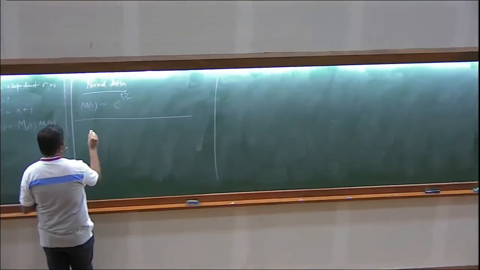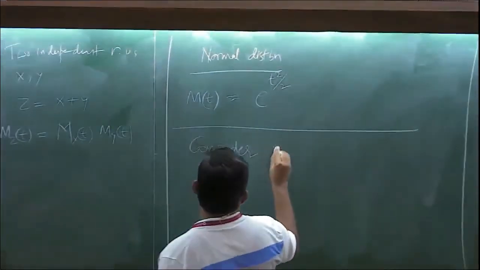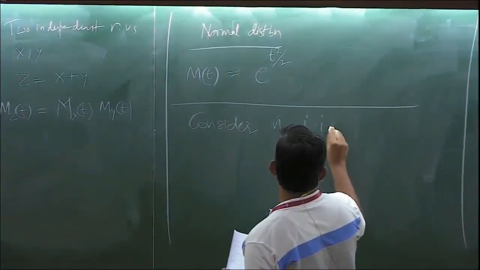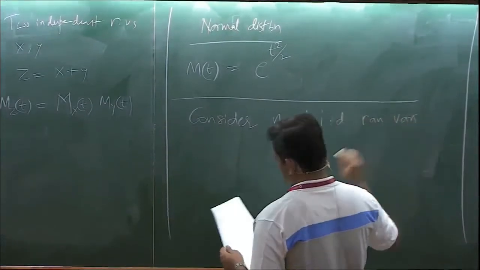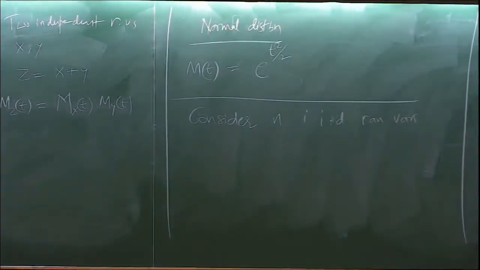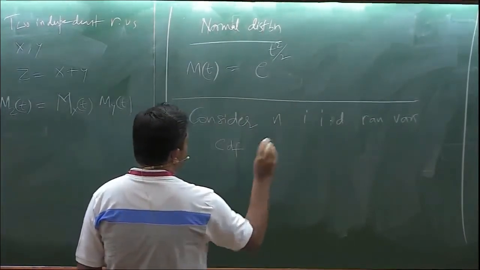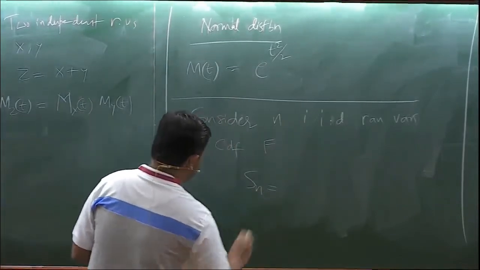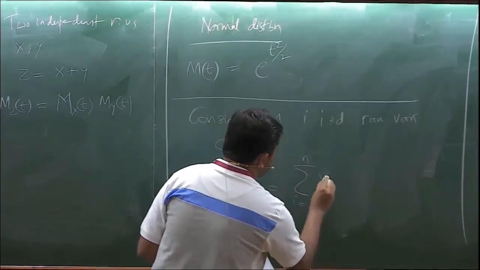So if you have n IIDs, independent, identically distributed random variables, and they have some cumulative density function f, I want to look at the following quantity, which is the sum of the n identically distributed random variables.